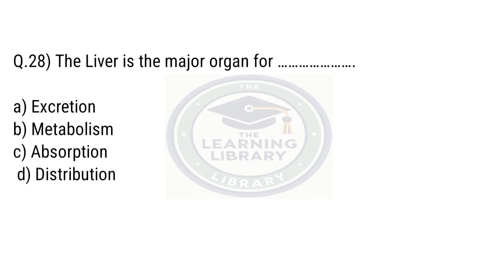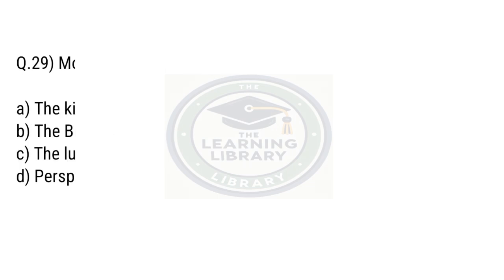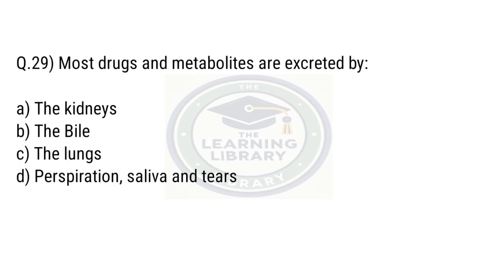Question number 28. The liver is the major organ for. The right answer is option B, metabolism. Question number 29. Most drugs and metabolites are excreted by. The right answer is option A, the kidneys.